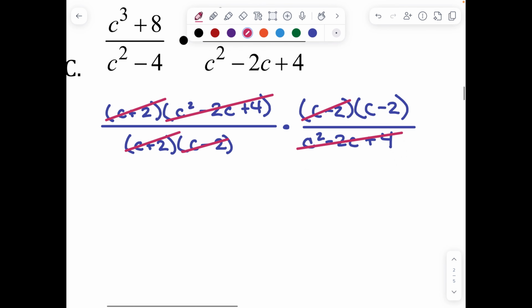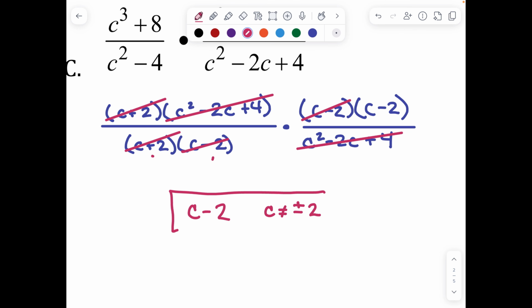So we are just left with c minus 2 for our simplified, where c cannot equal negative 2 here or positive 2 here, so we're just going to say plus or minus 2. We're not going to worry about the trinomial, the c squared minus 2c plus 4, because that doesn't give you a nice clean number.